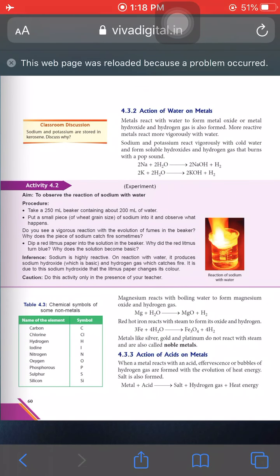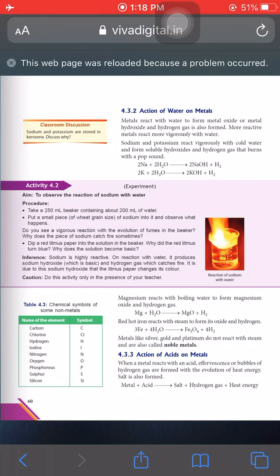Next is the action of water on metals. First, we read the action of oxygen on metal. Here we talk about the action of water on metal. Water means H2O. Here sodium and potassium react vigorously with cold water and form soluble hydroxide and hydrogen gas.